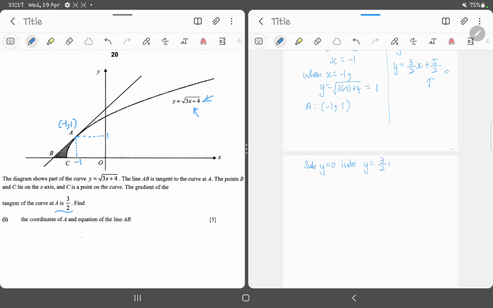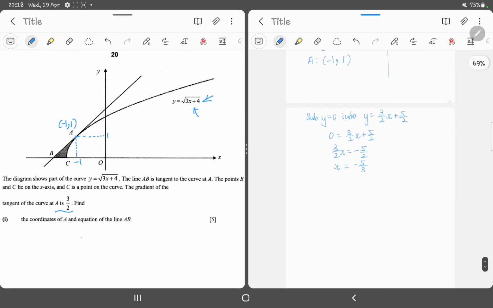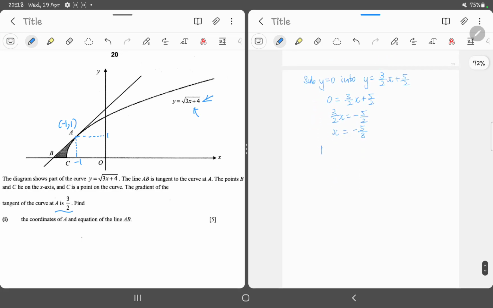Since point B is on the x-axis, we get 0 equals 3/2 x plus 5/2, which means that 3/2 x equals minus 5/2. That gives me x equals minus 5/3.